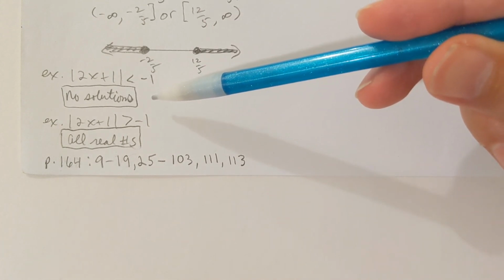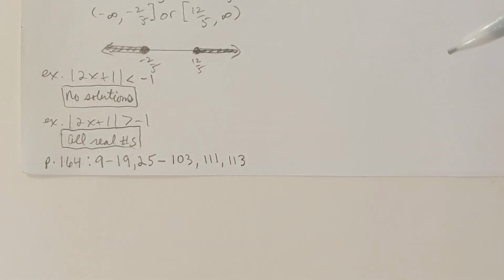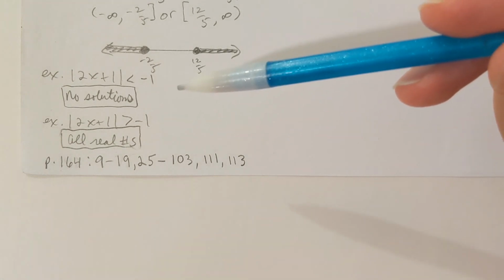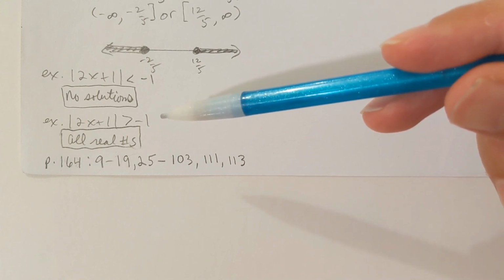Okay, now if I were to solve this inequality, this would be a rare time where I would need to check my answer. Both the solutions would be producing false statements. And 2x plus 1, the absolute value, greater than negative 1.